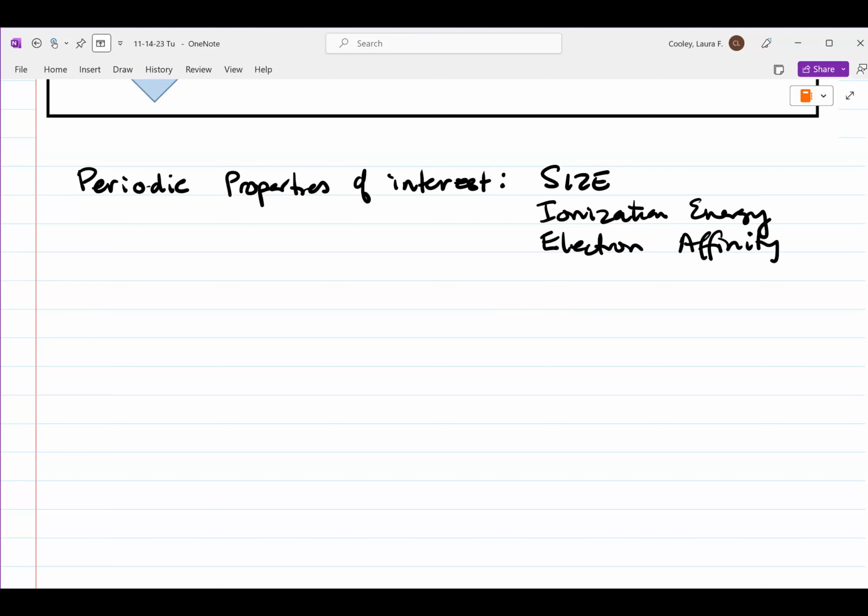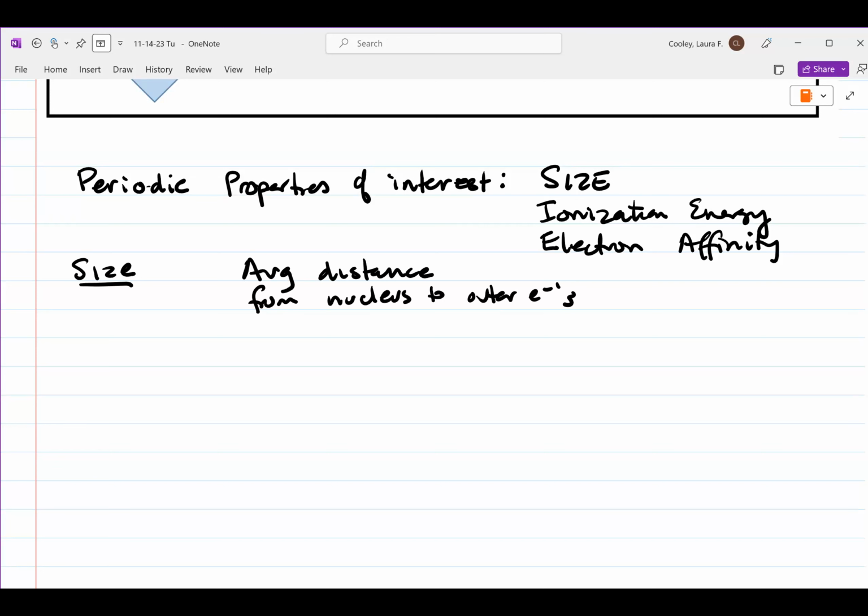Okay, so let's first do size. This is really like an average distance from the nucleus to the outer electrons. Because orbitals are like electron cloud distribution functions, they're like electron density, you don't really know exactly where the electron is at any given moment.